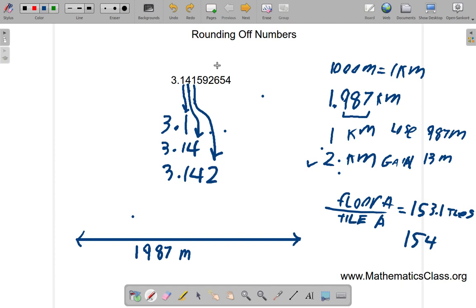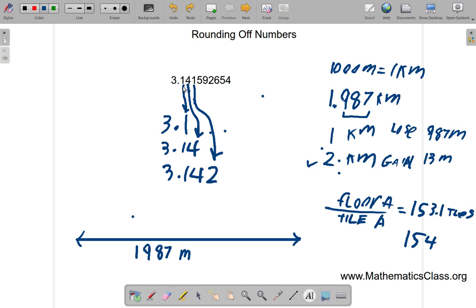But generally, when you talk about rounding off, most of the situations you meet are where you can play around with the number as you want. You're not forced to round up like in the tile situation. But basically, you obey that rule for accuracy.